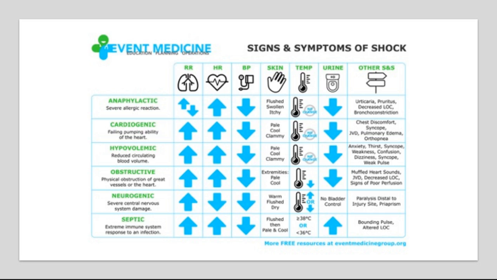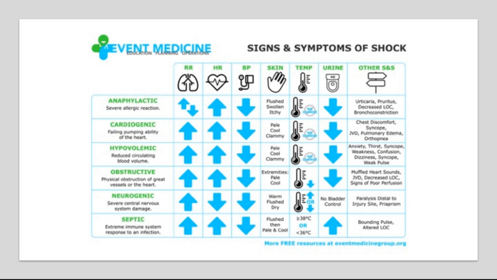And then that last column really goes through some of the specifics to the different shock categories. Anaphylaxis, you'll see hives, obviously. Cardiogenic, chest pain. Hypovolemia, confusion, weakness, dizziness. This is all stuff from just having lack of fluid. Again, ignore the obstructive component because we just didn't cover that.